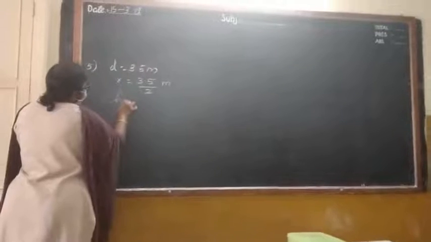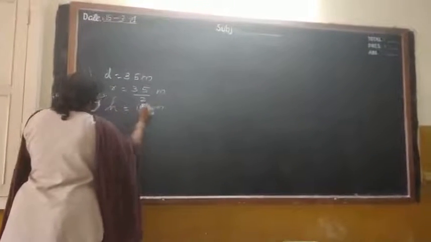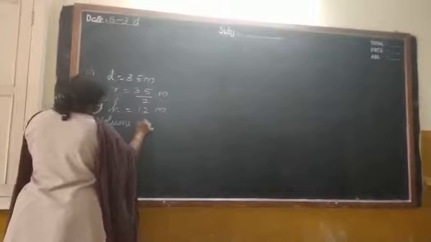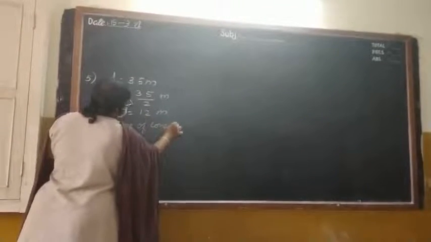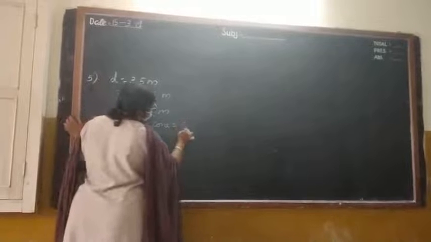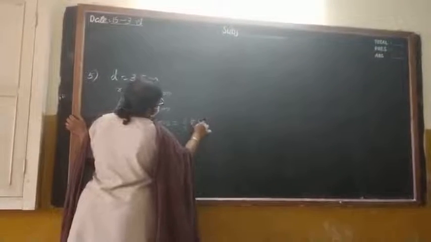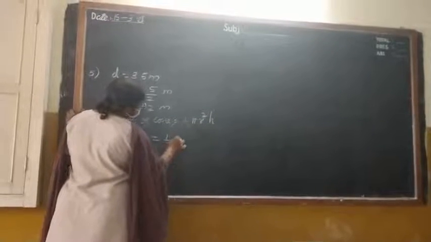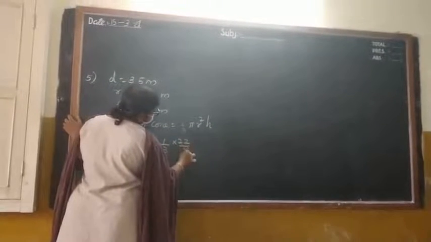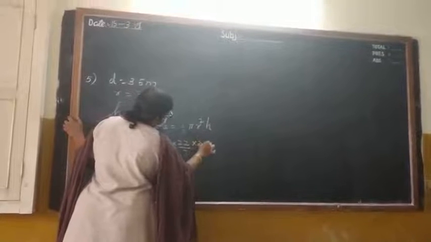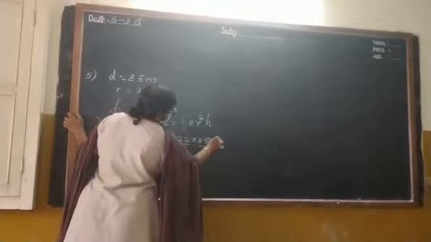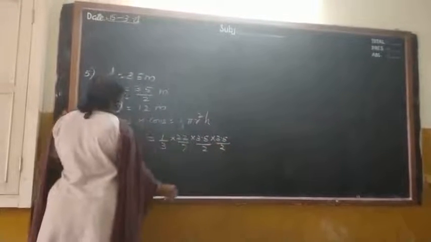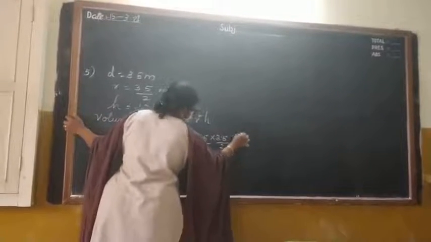Now h is equal to 12 meters. So volume of cone is equal to 1 by 3 pi r square h. So 1 by 3, 22 by 7, 3.5 by 2, again 3.5 by 2 into h. Okay?